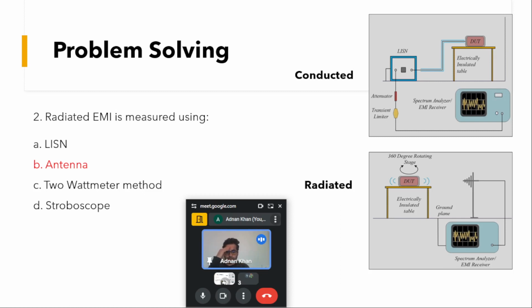The unit of measuring radiated EMI is decibel microvolts per meter. The EMI generated from this source is transmitted to this antenna, which acts as a receiver, and a spectrum analyzer is attached to it, and we get the measurement of this EMI. So the answer to this question is an antenna in case of radiated EMI.